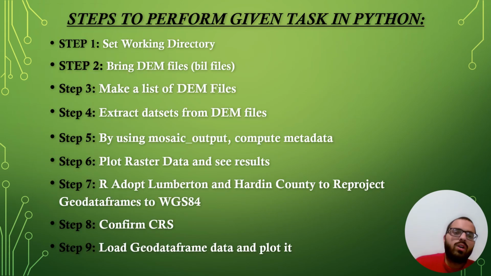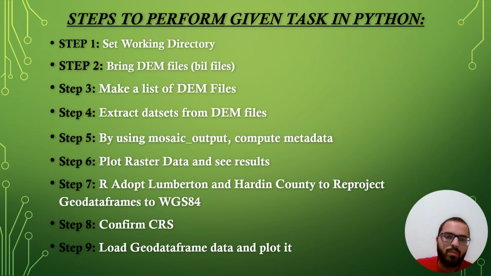So here is what I did. I set the working directory and brought in the DEM files. Those are big files, and unfortunately I couldn't upload them because they are too heavy. Then I made a list of DEM files and extracted datasets from them.